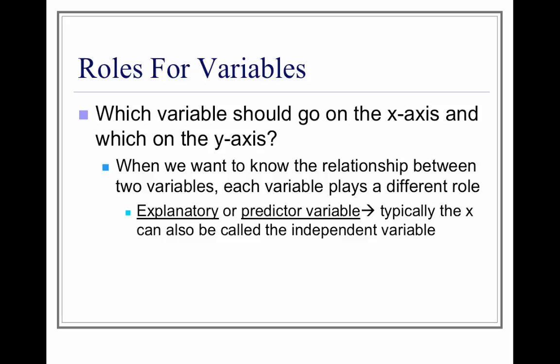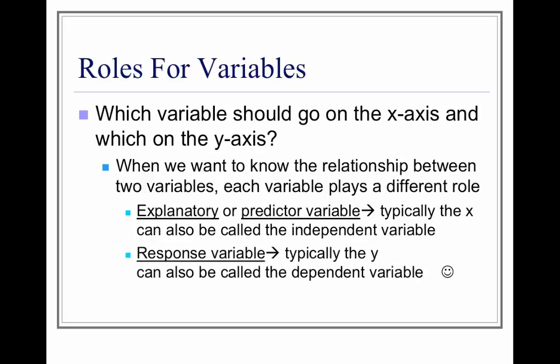This is typically the x, which is also your independent variable. But we're really going to call it the explanatory variable because x will explain what y is, or we use x to predict our y value. The y value is then called the response variable, which is the dependent variable. We call it the response variable because we get y in response to what x was.